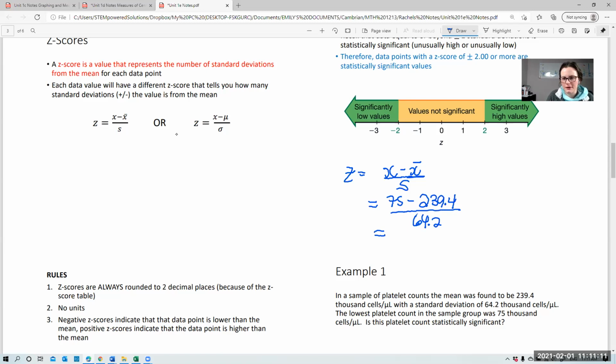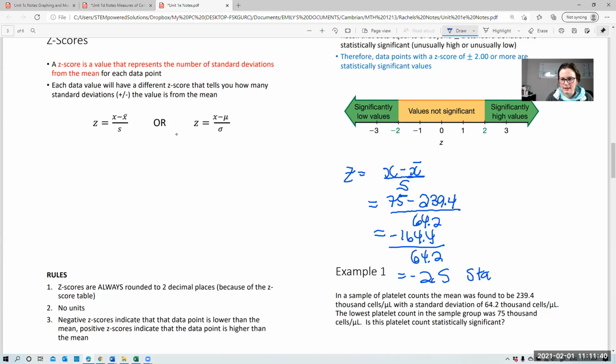Since all the units cancel, the Z-score has no units. So 75 minus 239.4 equals negative 164.4, divided by 64.2 equals negative 2.5.